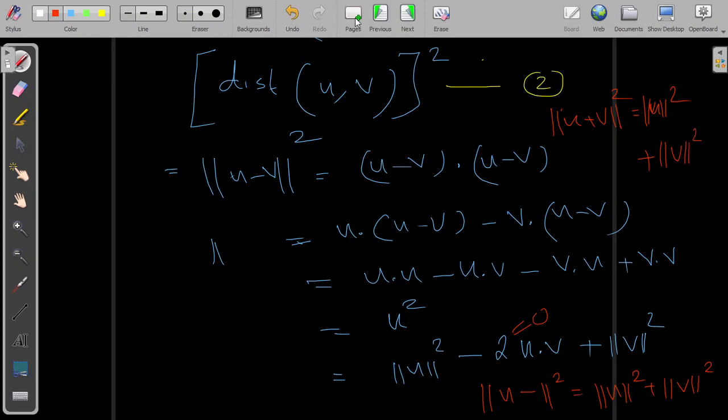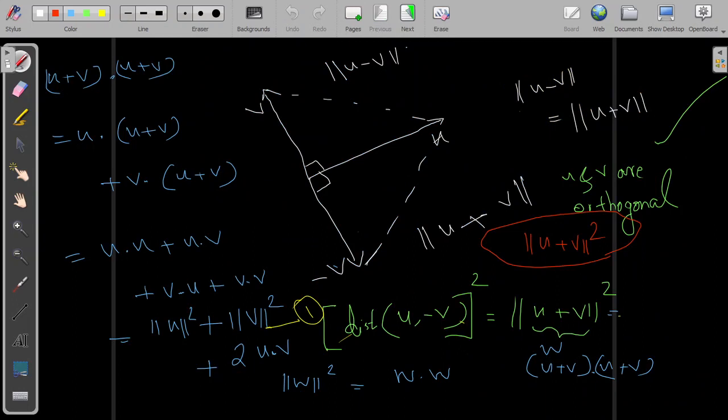That means this hypotenuse h, and this h1, let's say, and this h2. So this hypotenuse square, the norm u plus v, is the hypotenuse h2, and norm u plus v square we have proved.